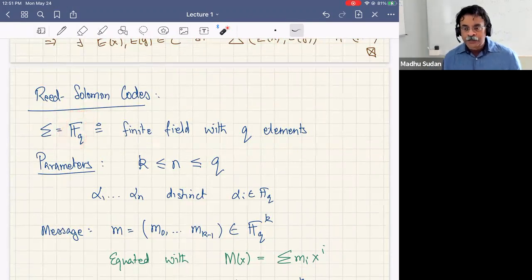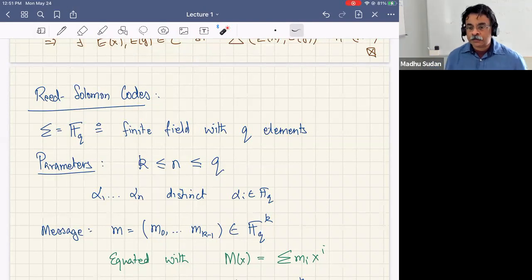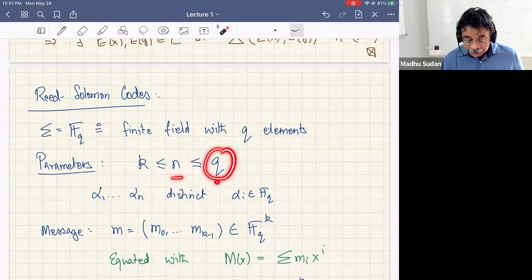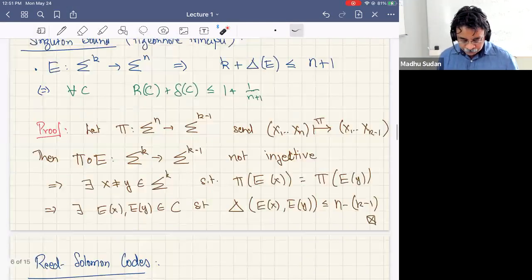If you're not familiar with finite fields, just think of working with integers modulo a prime. Okay, so think of q as a prime number, and you're working with addition and multiplication modulo this prime. We will pick this prime to be large, larger than our n. So actually our alphabet is large, but we never assumed that our alphabet was small. This proof works for any sigma, k and n. Okay, so let's work with large alphabets.